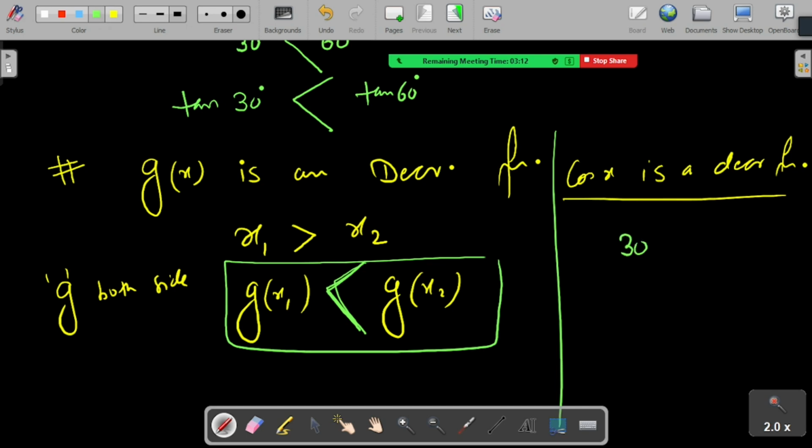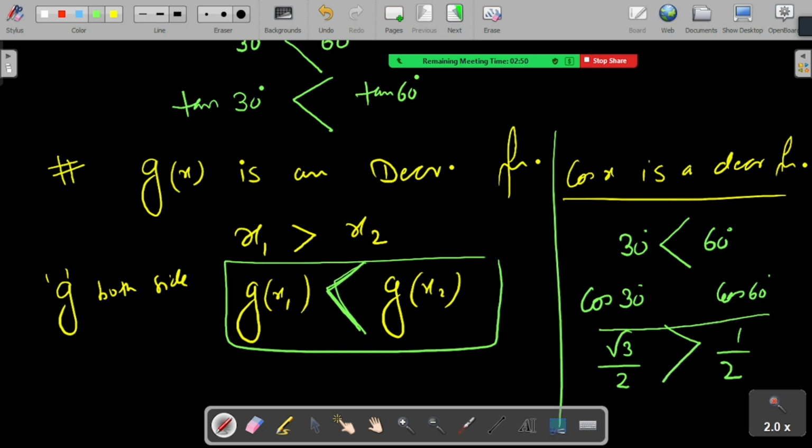Let us suppose the same example, 30 degrees and 60 degrees. This relation is true for 30 degrees and 60 degrees, but if you take cos on both sides, cos 30 is root 3 by 2 and cos 60 is 1 by 2, and it is clearly visible that root 3 by 2 is greater than 1 by 2. So the inequality gets changed. Are you getting this point, Rishit?